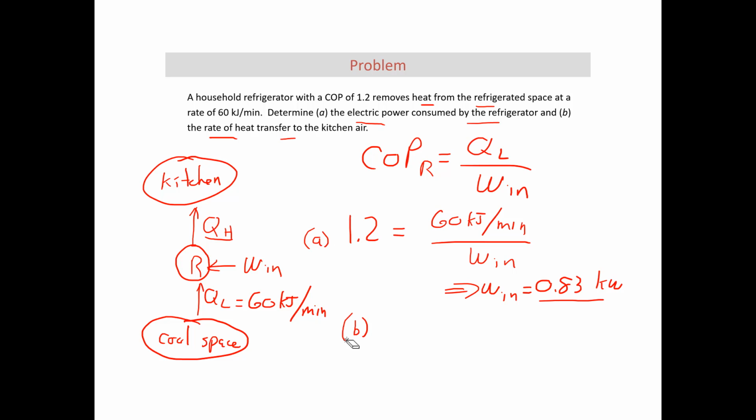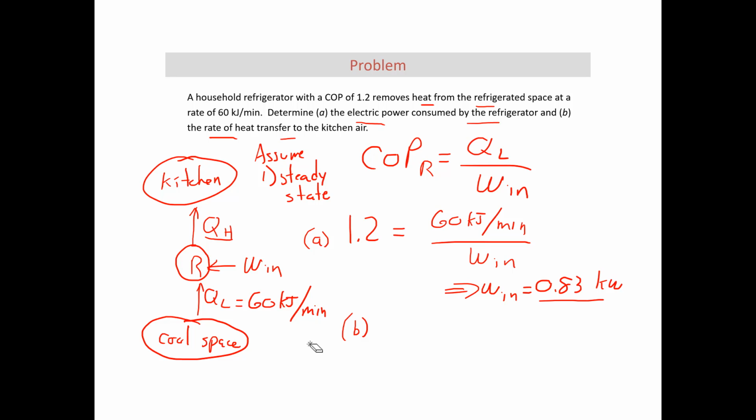And then part B is asking for the amount of heat being rejected to the kitchen air. So if I go ahead and do a first law analysis on the whole refrigeration cycle itself, I get energy in, if I assume that this is all operating at steady state, E in minus E out equals delta E system.